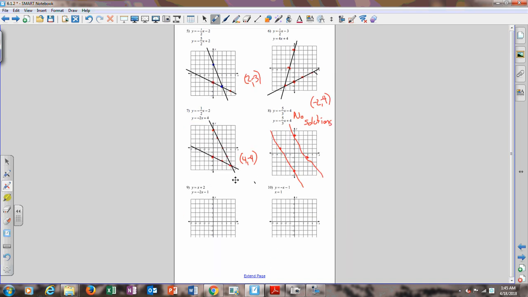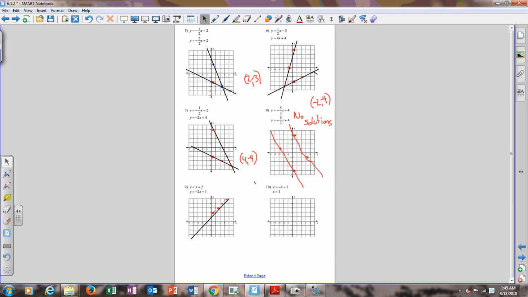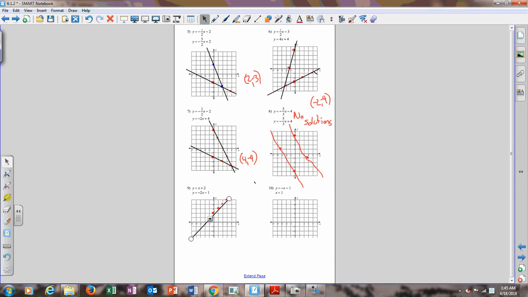Lastly, numbers 9 and 10. Number 9, x plus 2. You go up to 2, make a dot. You go up 1 over 1. If you learn this procedure, which is what's killing some of you guys, learn the procedure. It's the same thing every time, over and over again, for the rest of eternity.